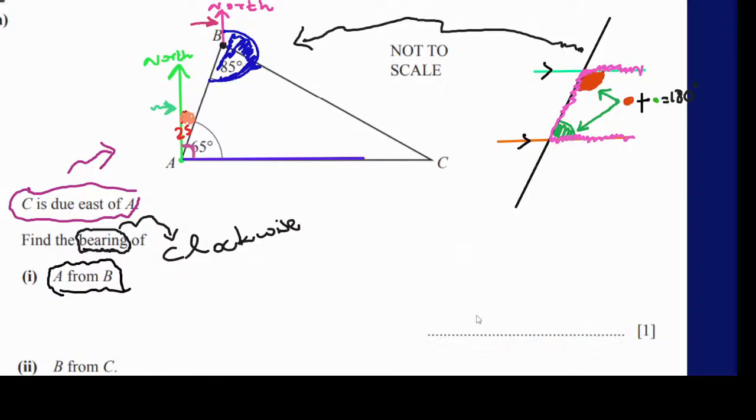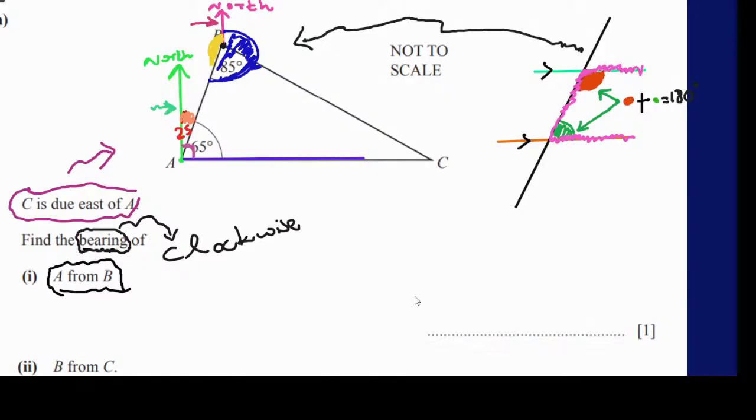Let's do it in yellow. This angle here. So this orange angle and this yellow angle are a pair of co-interior angles.